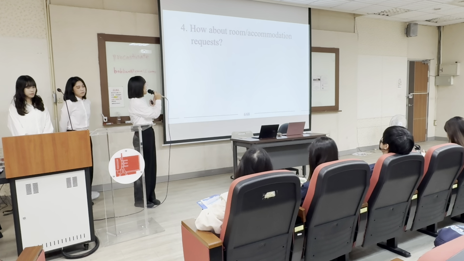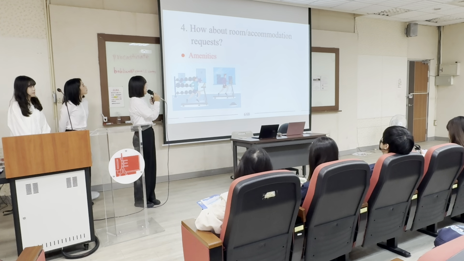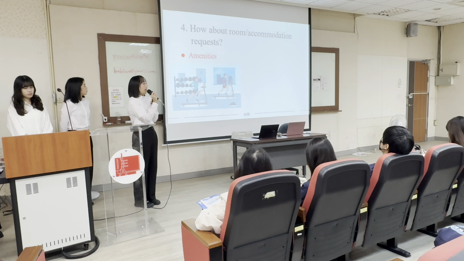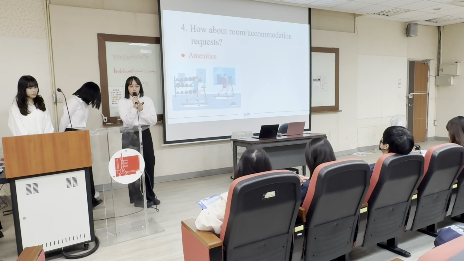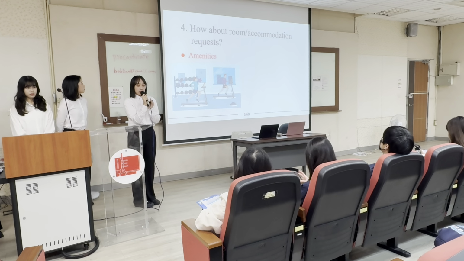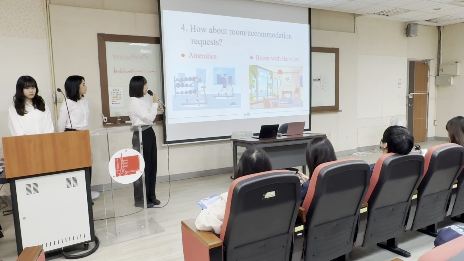And the next question is, how about room and accommodation requests? The first answer is amenities. People often require access to amenities like a gym or spa to enhance their stay with fitness or relaxation activities. The next one is a room with a view.